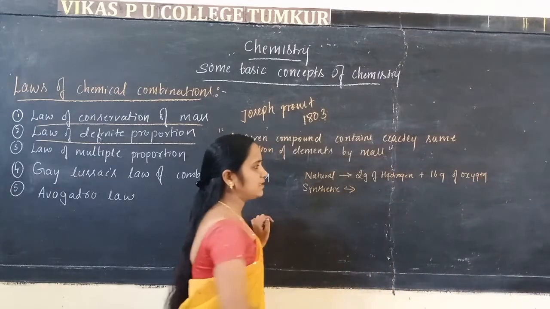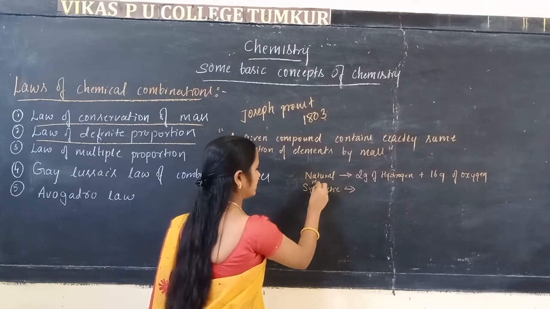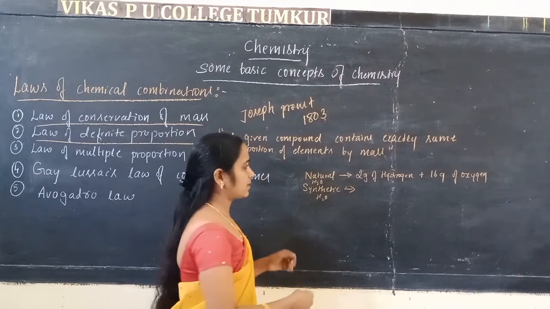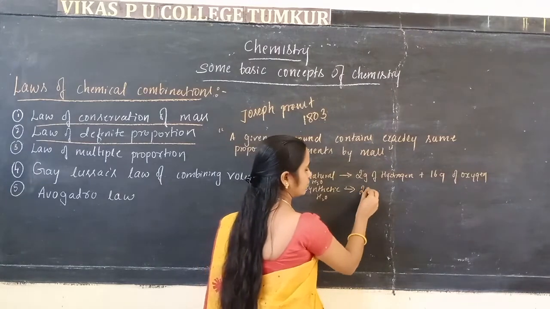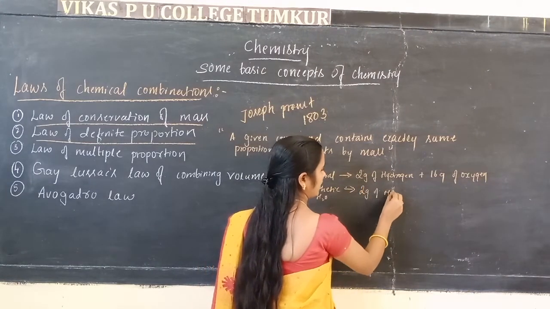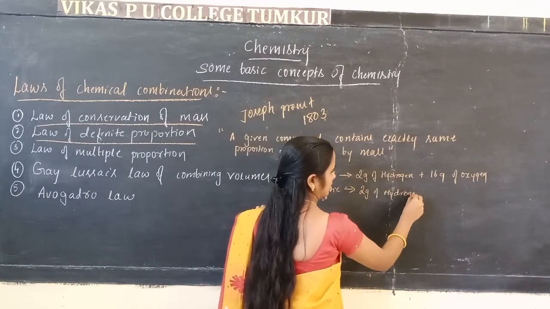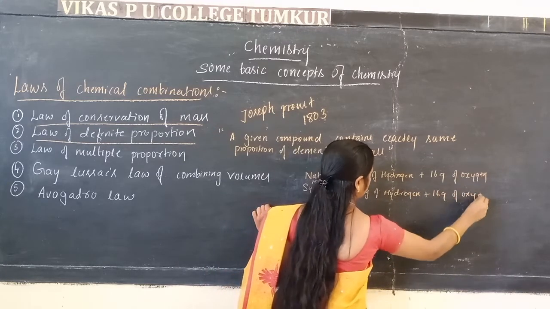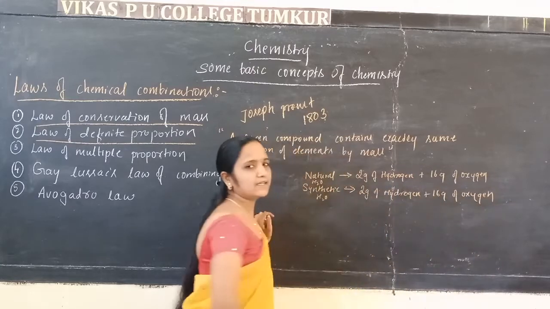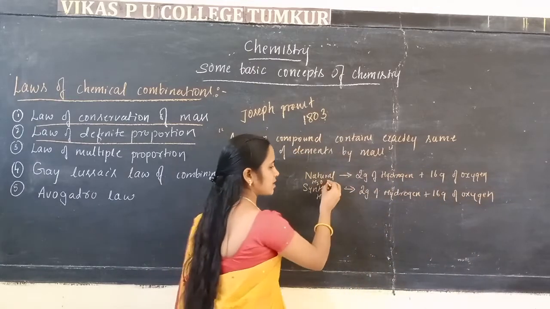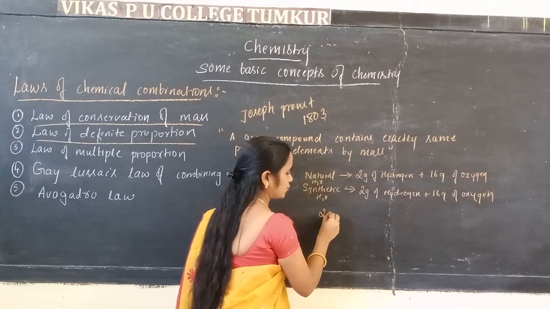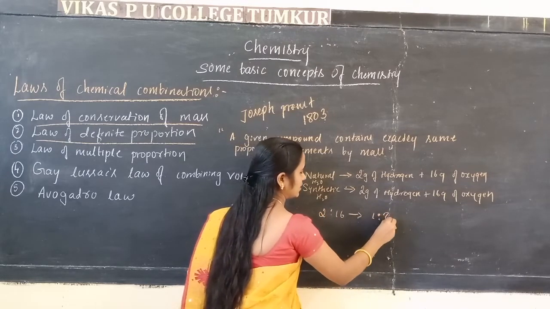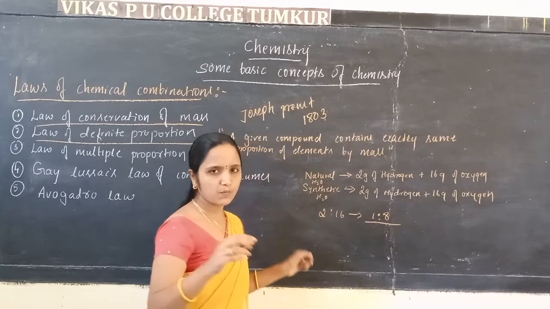The synthetic, that is prepared, water also contains 2 grams of hydrogen plus 16 grams of oxygen. This indicates that water is in the ratio 2:16, which can be written as 1:8, the same proportion.